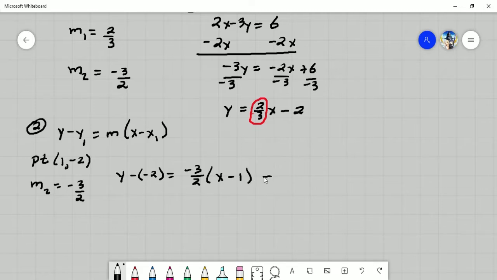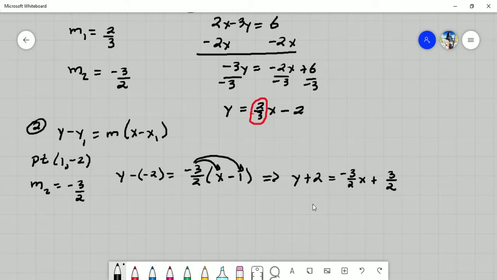Here, y minus a -2 makes it plus 2 equals, and I'm going to distribute the -3/2 in the parentheses: -3/2 x plus 3/2.